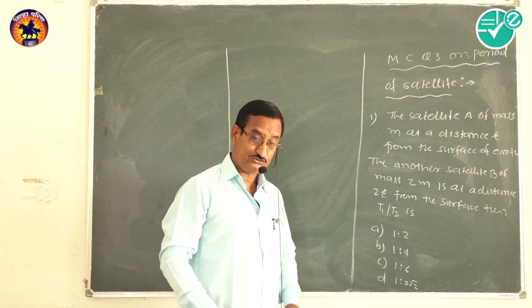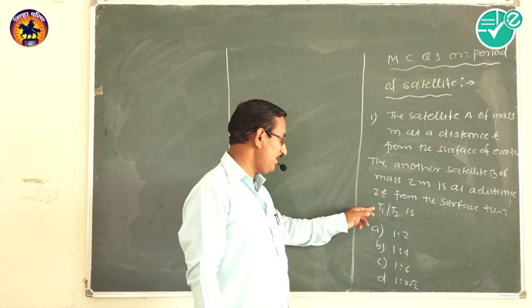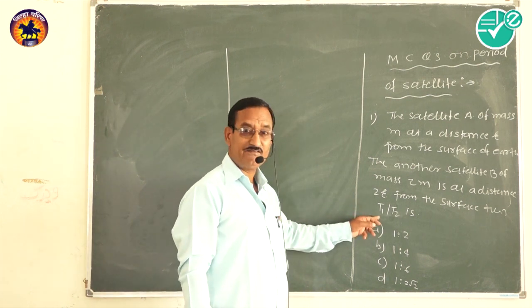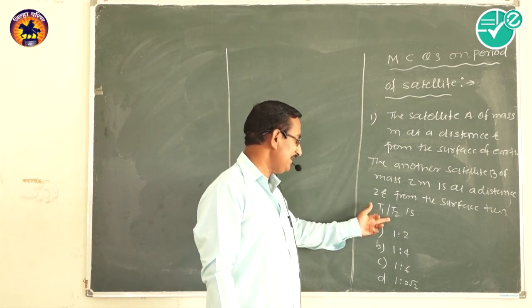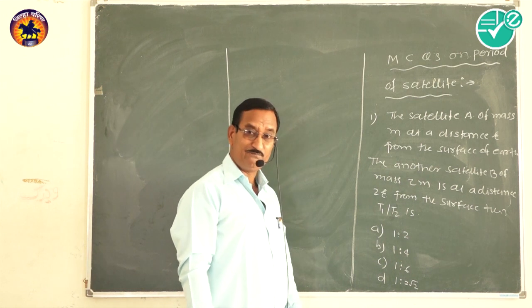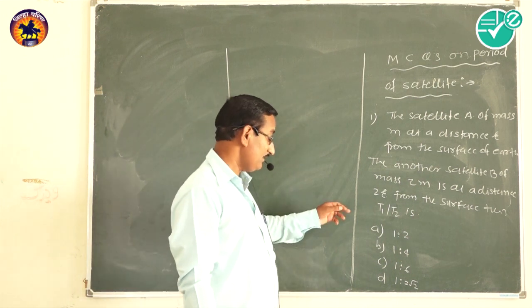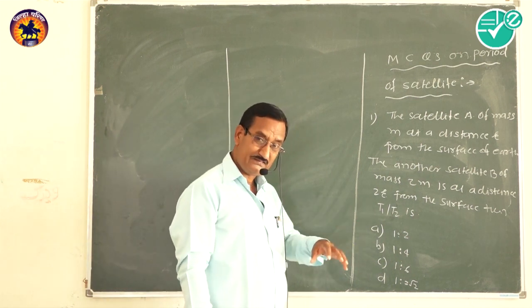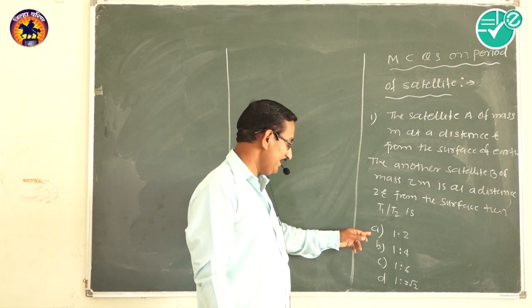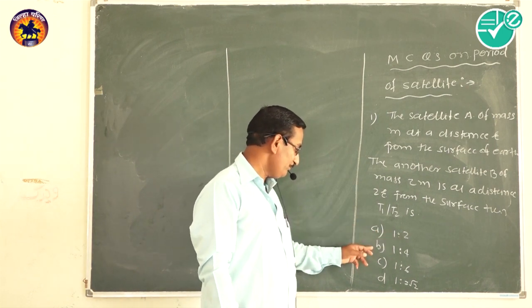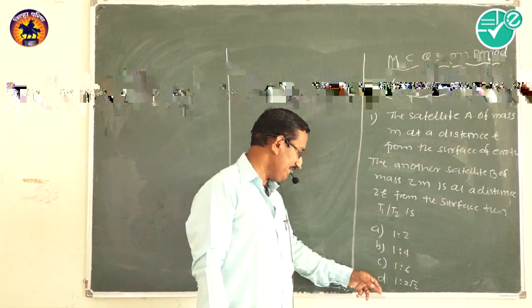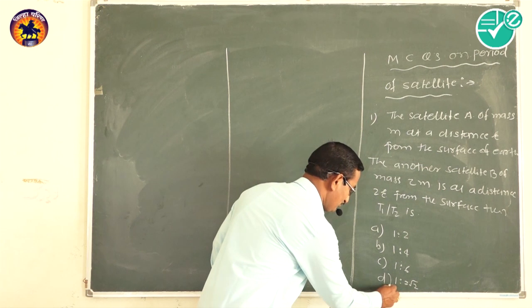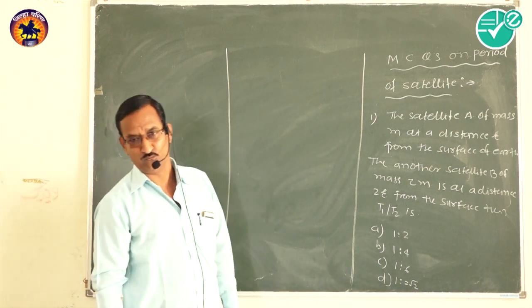What is the ratio of the periods of satellite A and satellite B, that is T1 by T2? The alternatives are A 1 raised to 2, B 1 raised to 4, C 1 raised to 6 and D 1 raised to 2 root 2.